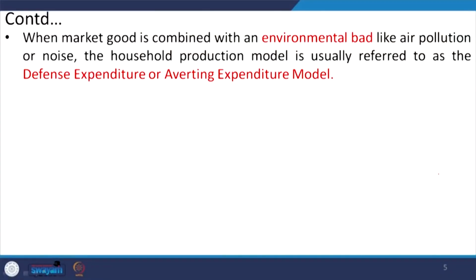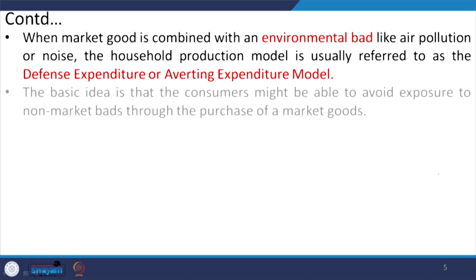And when this market good is combined with some environmental bad, because we are more concerned about bads rather than goods, the environmental bad is pollution, air pollution or noise pollution. So the household production function in this context can be referred to as the defensive expenditure or averting expenditure model.